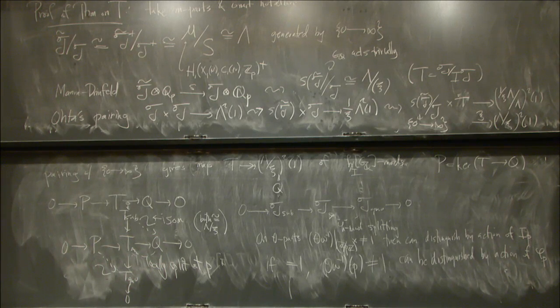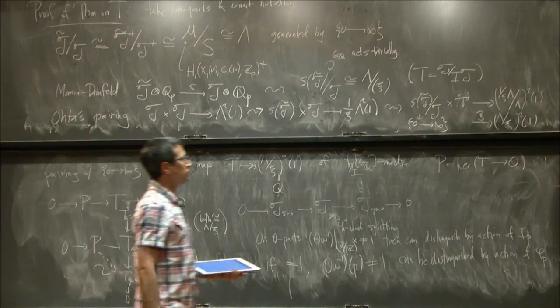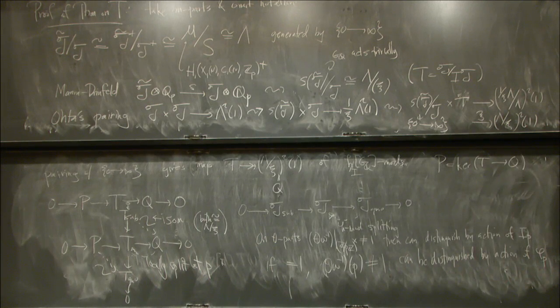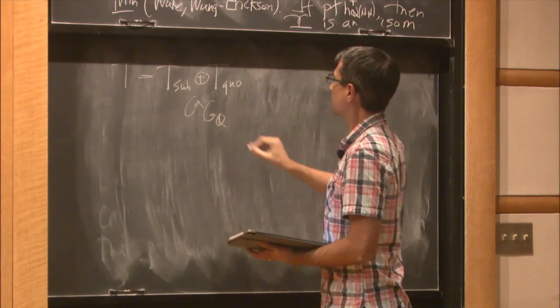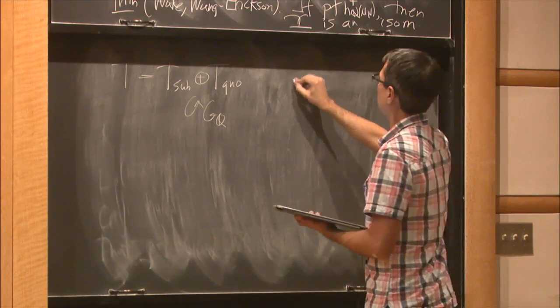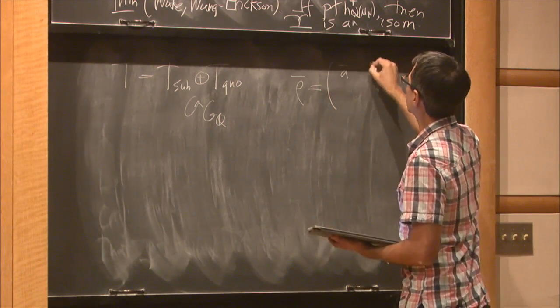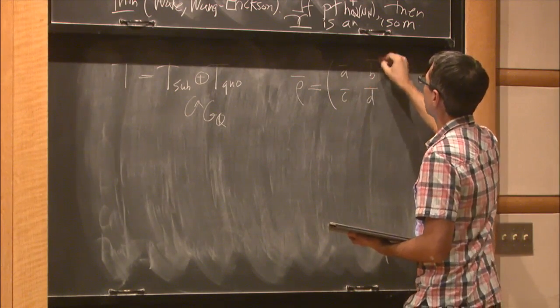So the idea is you write T as direct sum T sub plus T quo, and you think of Galois elements as acting as matrices on this. So in other words, we get a representation, if you like, rho bar, which is A bar, B bar, C bar, D bar.